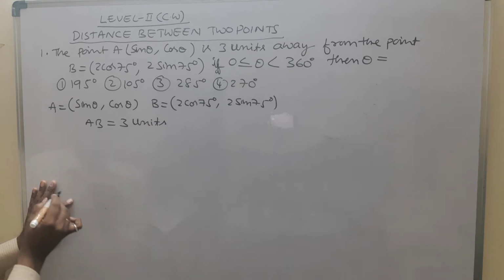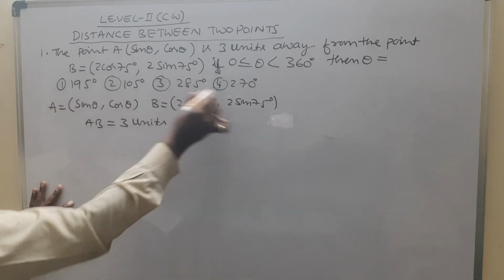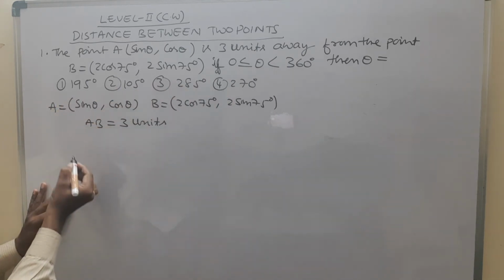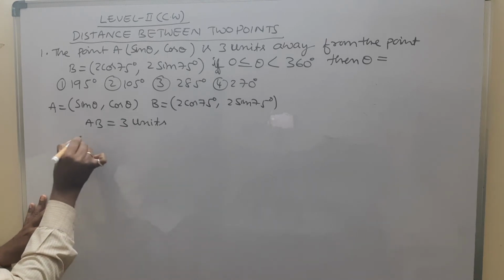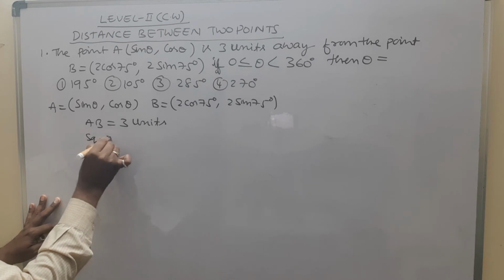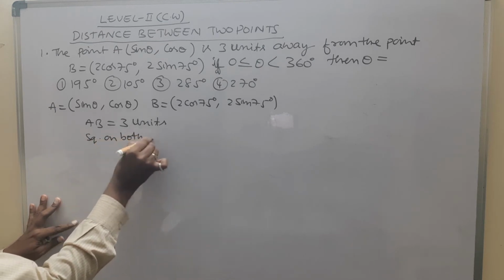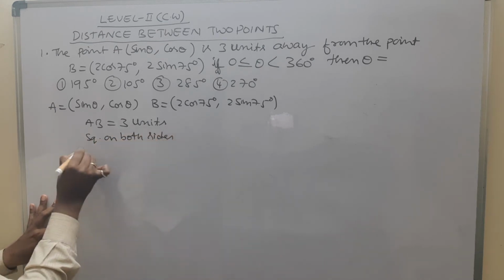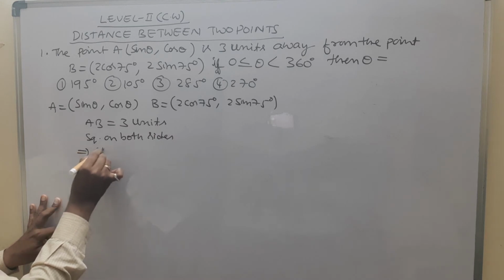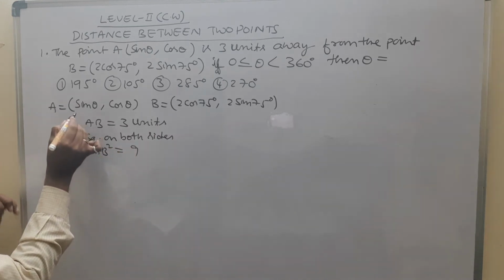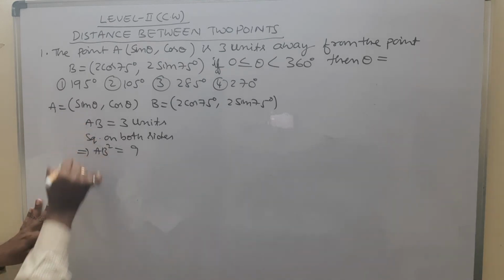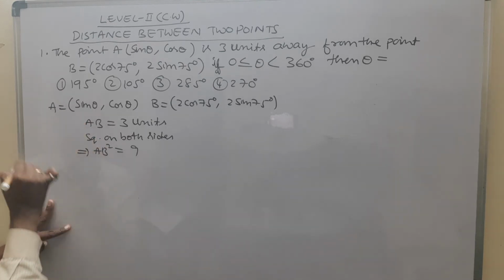In distance between 2 points, square root is there. Then squaring on both sides, the square root is cancelled. AB square equal to 3 square, 9. Here apply distance between 2 points.